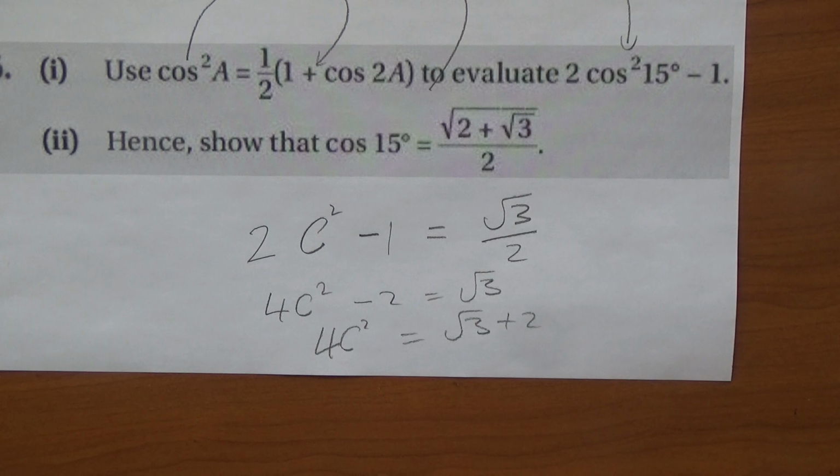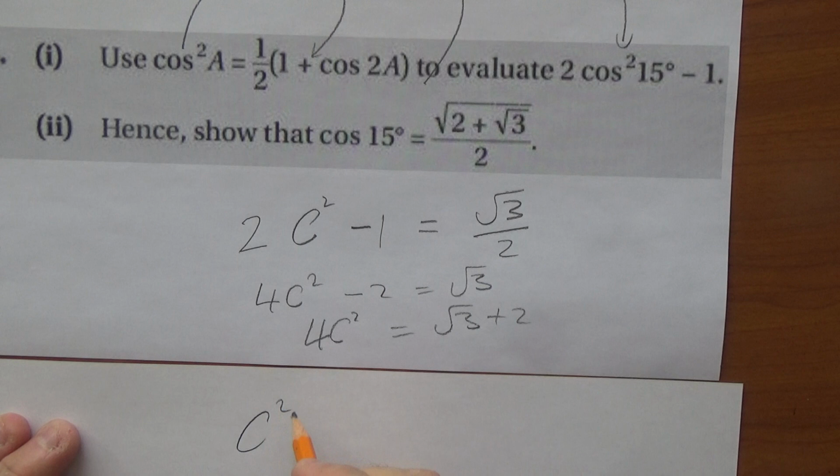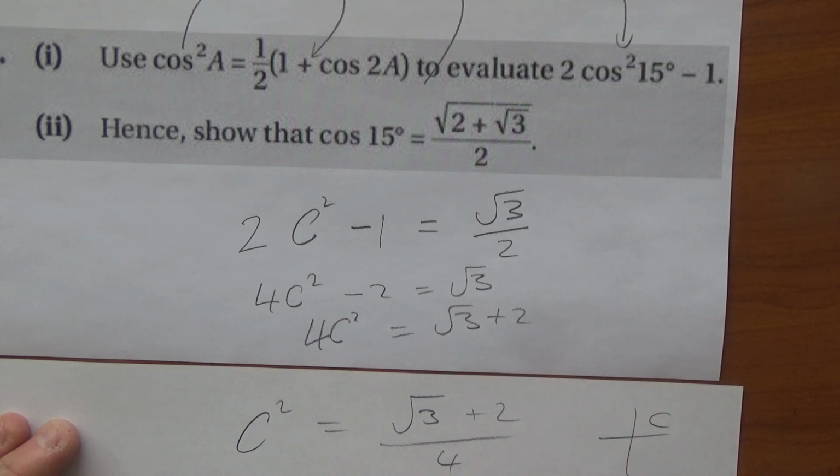Implying that c squared is equal to root 3 plus 2 over 4, implying that c, now cos is positive up there and we're going to keep him positive, so we'll just drop a square root on root 3 plus 2 over 4.